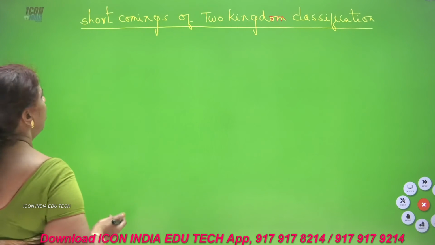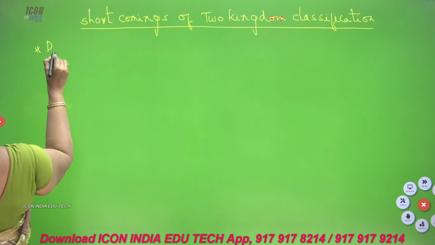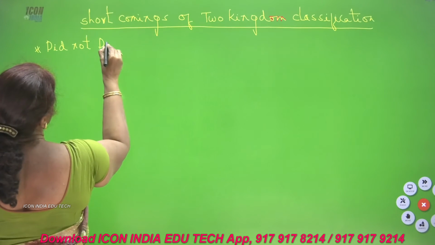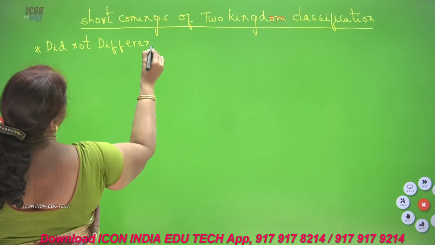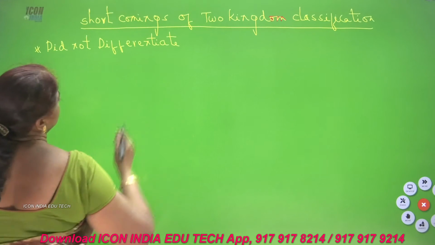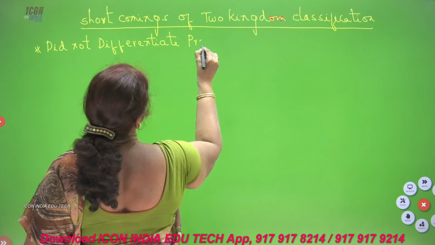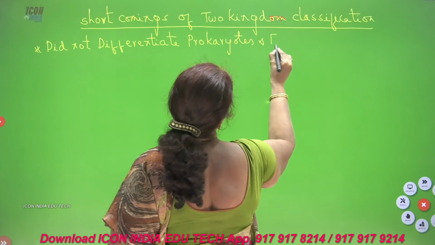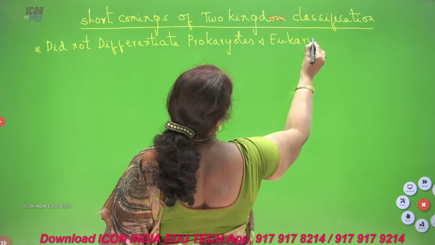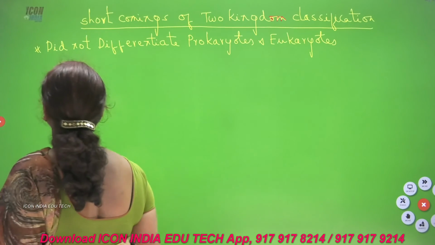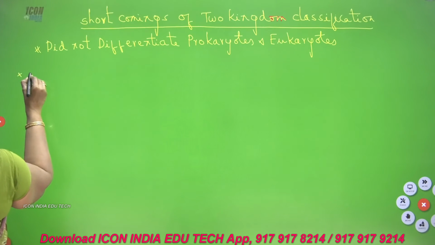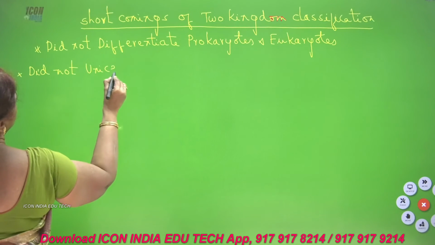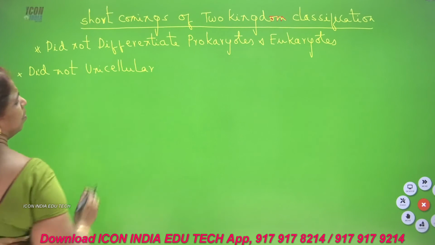These are the shortcomings. This is one of the demerits.